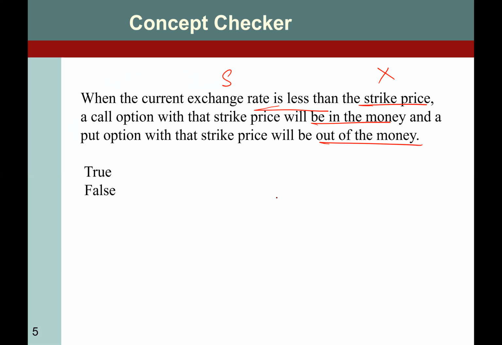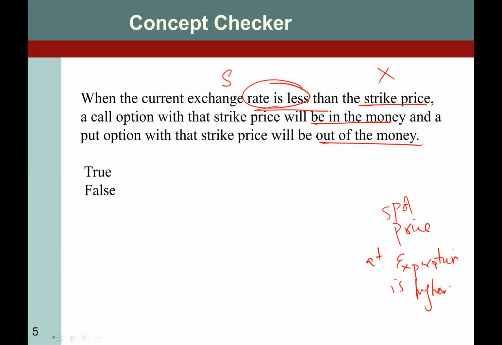So what is call option? Right to buy, right? And you will be exercising when the spot price at expiration is higher, right? But you see that it is less than.